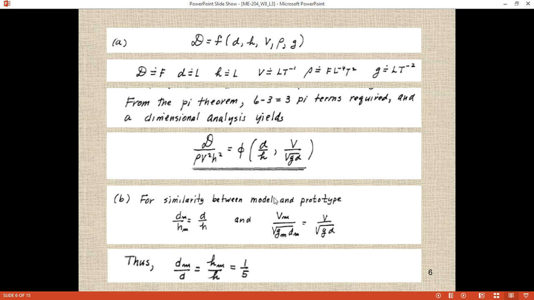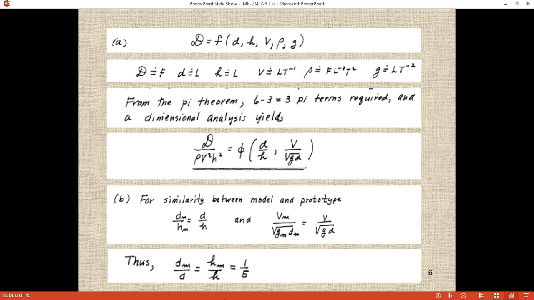Since the ratio is given, what is the ratio? The diameter of the model over the diameter of the prototype, so we separate them from each other. We take the diameter underneath and h goes up, so the ratio is between the diameter of the model and the diameter of the prototype, the depth of the river fluid D of the model and the prototype, and the height of the model block and the height of the prototype.